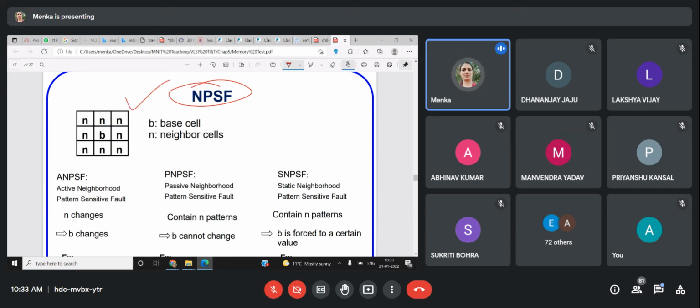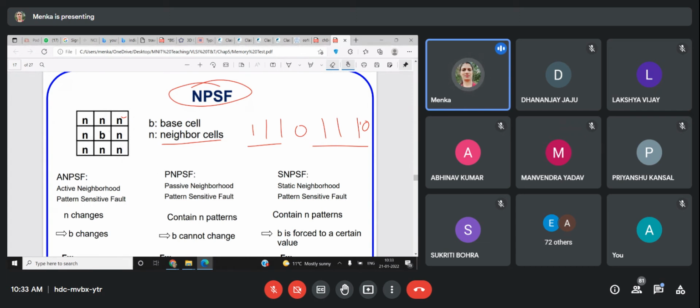Here 9 cells are given. Every cell has n, in bits. N can be 0 or 1, whatever. And this is the base cell. So what it says is the neighborhood cells are denoted by n. If you have a particular pattern, let's say this is a pattern of these sets, automatically your b becomes, let's say, 1.